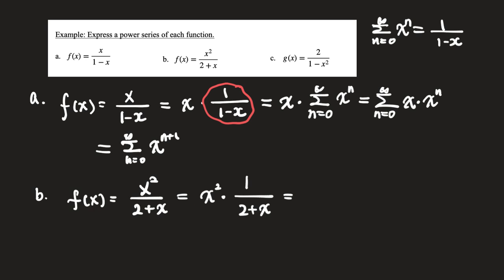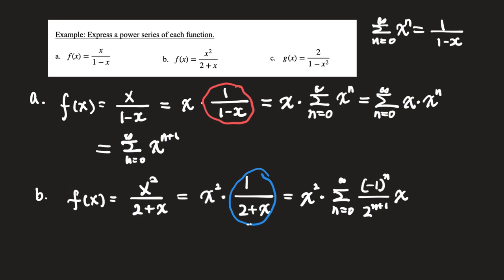In the previous example, we found the power series of this one. We already found the power series of 1 over 2 plus x: summation n equals 0 to infinity negative 1 to the n over 2 to the n plus 1 times x^n.